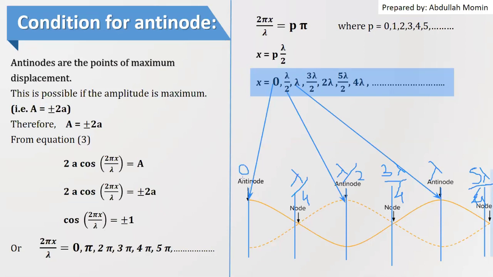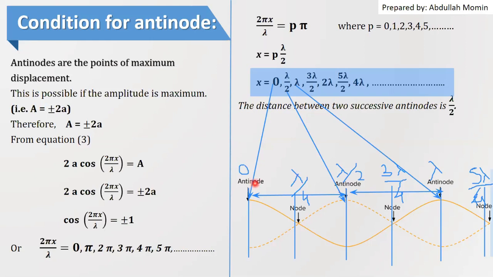First antinode is at 0, second antinode is at lambda by 2 and third antinode is at lambda. So the distance between first and second antinode, and second and third antinode, when you calculate, is lambda by 2. So we will say that the distance between two successive antinodes is lambda by 2.